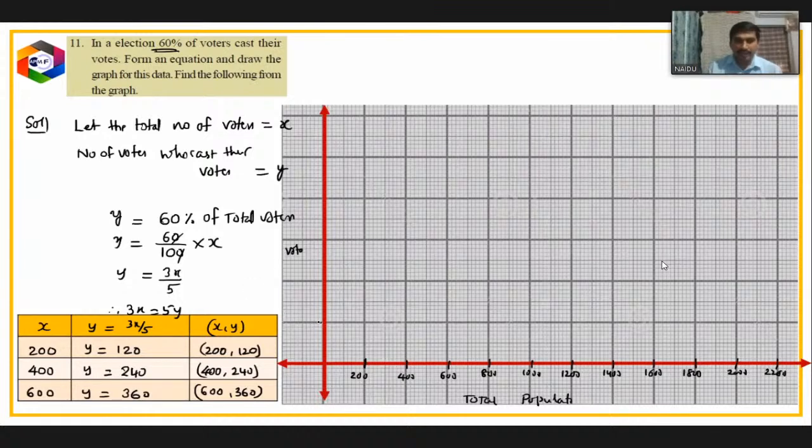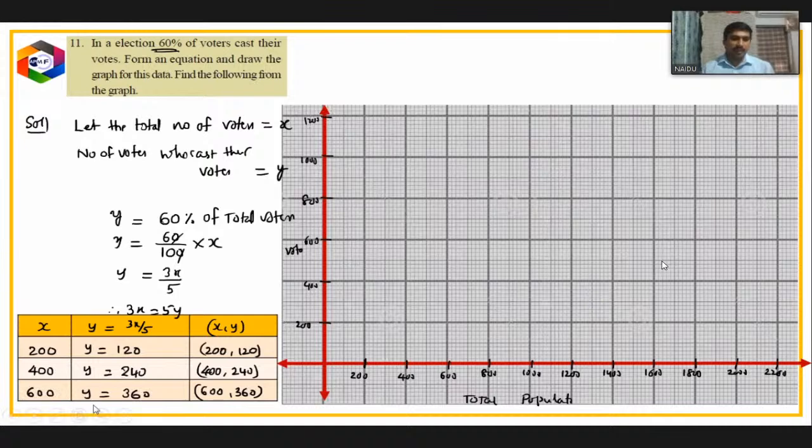And on the y-axis again the same I said. So 1 centimeter is 200 units, let us take. So 200, 400, 600, 800, 1000, and finally here 1200. So this is the data.